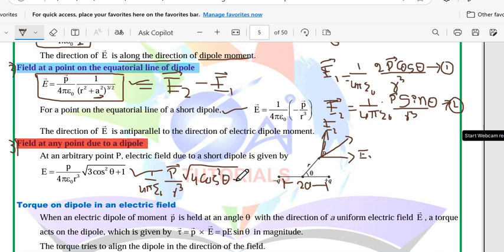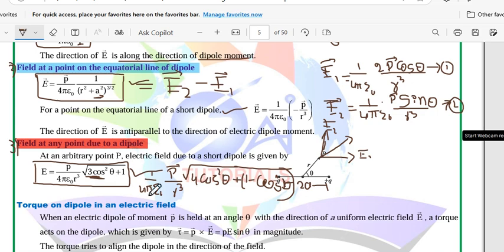Plus sin square theta, which will be written as 1 minus cos square theta. Am I right? So by substituting, 4 cos square theta minus 1 cos square theta is equal to 3 cos square theta, so 3 cos square theta plus 1. This is the final answer for the electric field at any point due to a dipole.